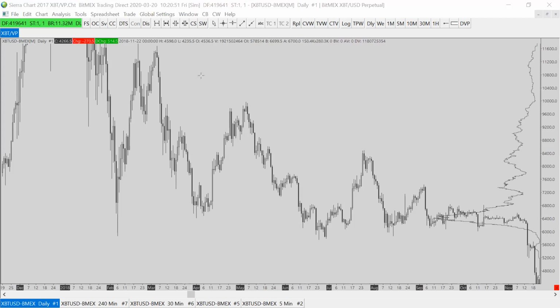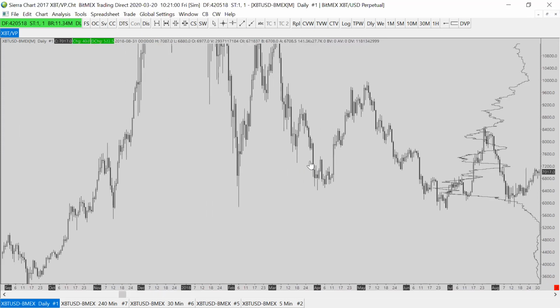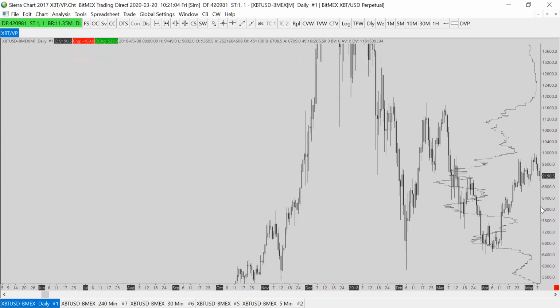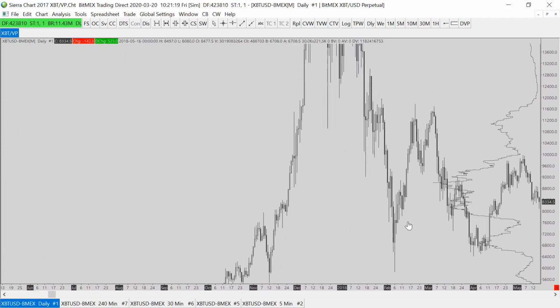And so what you'll find is that if I were to mark out all of the high volume areas and all of the low volume nodes here, and just let this play out, you'll see that they tend to remain relatively consistent over time.